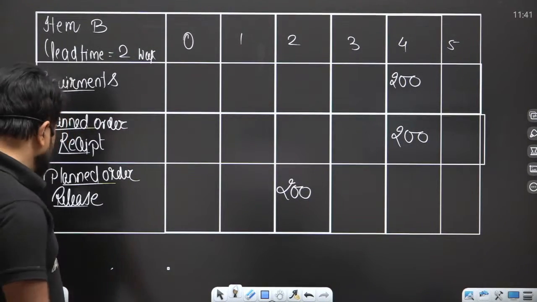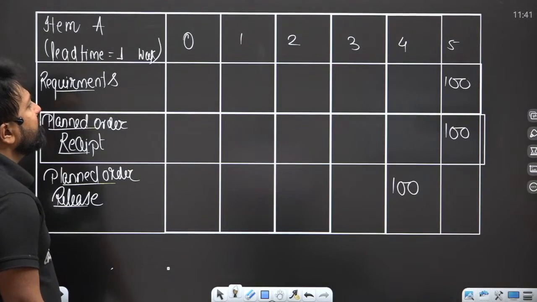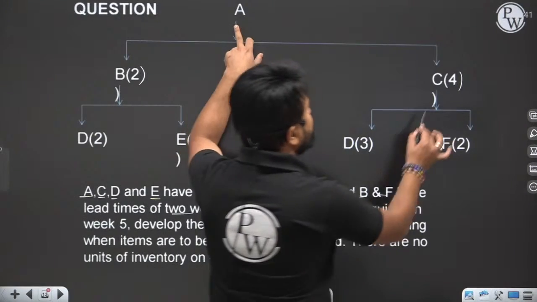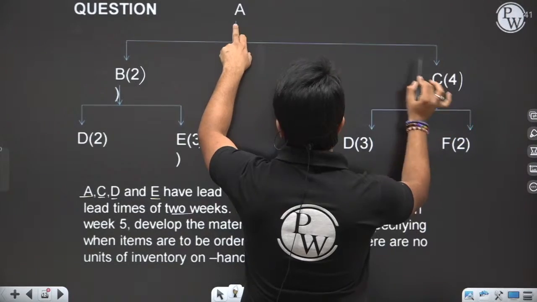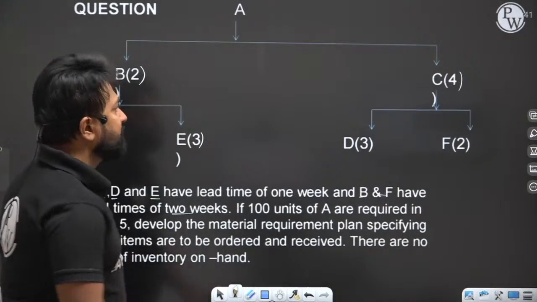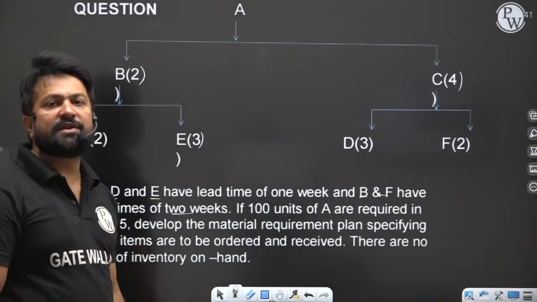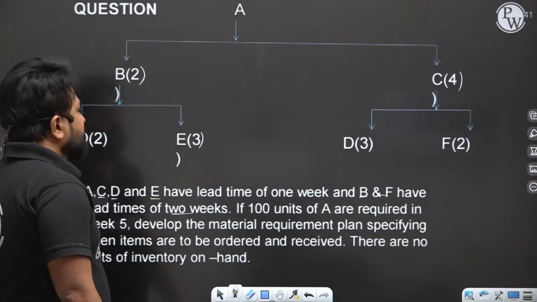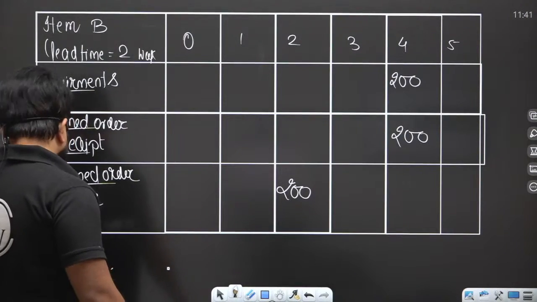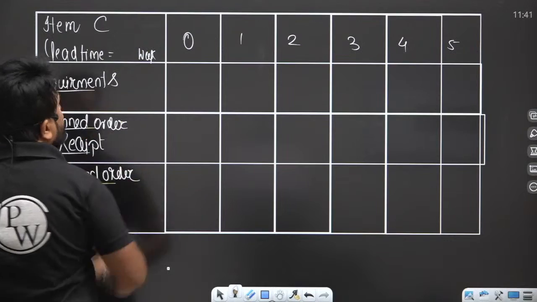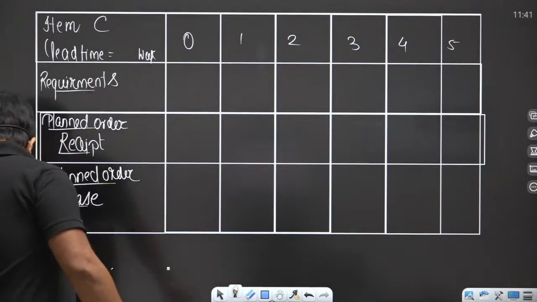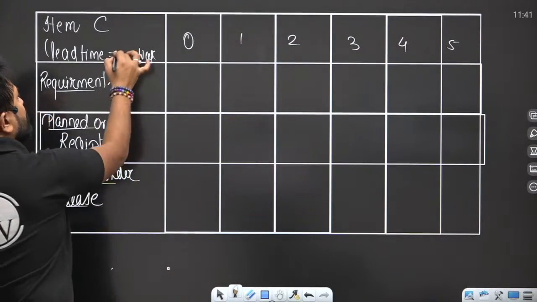Okay. Now let's talk about C, my dear. Now see the C. The C is 4 times of A. Now the requirement of C is also in the 4th week. C has a lead time of 1 week.